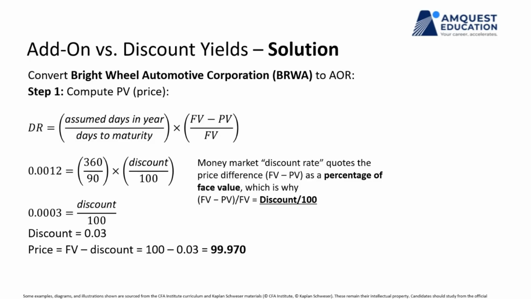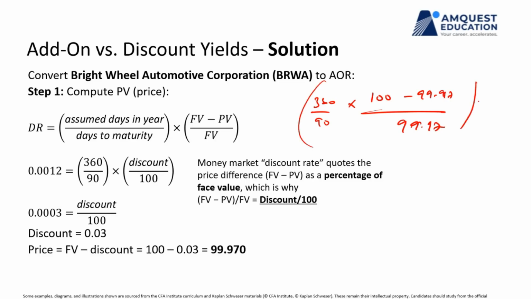Add-on yield or add-on rate. Look, for add-on rate, you don't have to do anything major, right? 360 by 90 remains the same. Face value minus present value by present value. So 100 minus 99.97 divided by 99.97. That is your add-on rate.